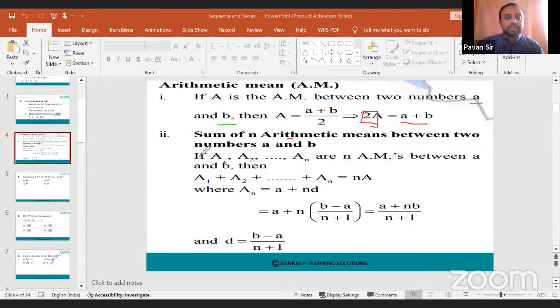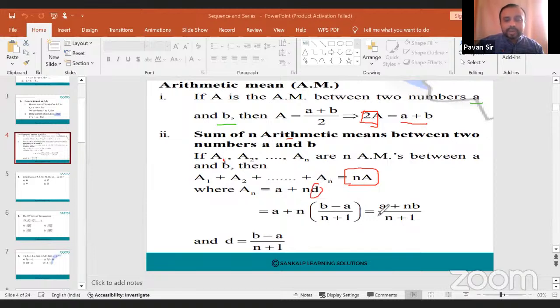Now the sum of n arithmetic means between two numbers A and B. If A1, A2, and so on up to An are n arithmetic means between A and B, then A1 plus A2 plus so on up to An is equal to n times A. Here An is indicated by A plus nD, where the common difference D is B minus A upon n plus 1.